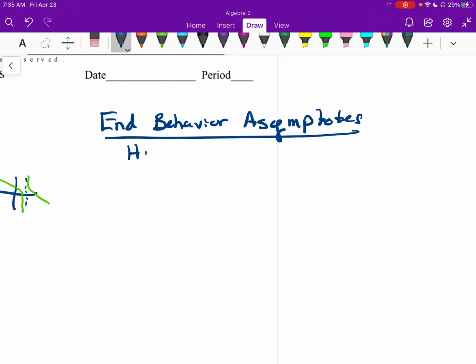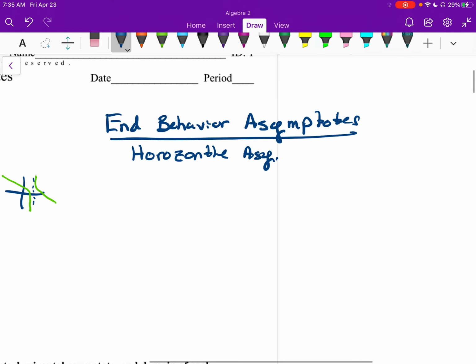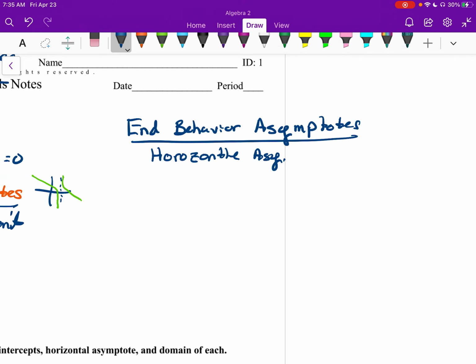Actually, most of the time they are called that. The reason that we're calling them end behavior is because sometimes horizontal asymptotes break the rule of asymptotes and you end up being able to cross it, which an asymptote you can't cross, but an end behavior asymptote you can, which is kind of weird, and we'll get to some of those later in the packet.